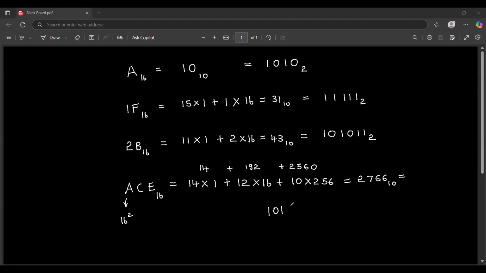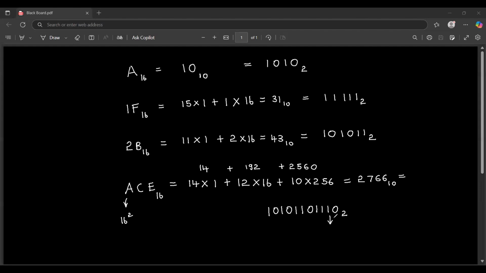So 512 is gone, and we have 206. 206 means we can have 128. Then we have got 78. 78 means we can have 64. That is 14. Then 16, that is 8. And for 6, we have 4 and 2 and no 1 to the base 2.